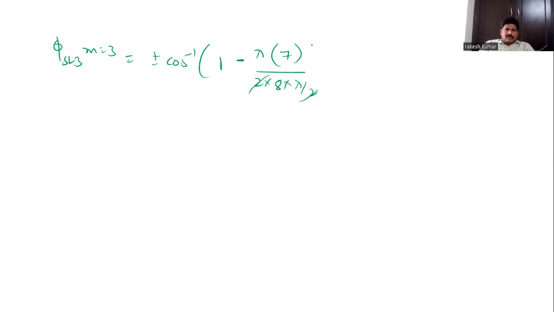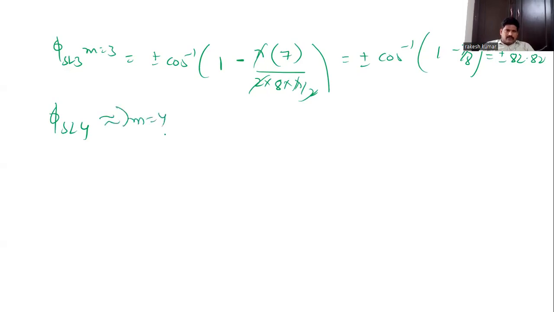Lambda will get cancelled. So it's equal to plus or minus cos inverse of 1 minus 7 by 8. So that is equal to plus or minus 82.82 degrees.